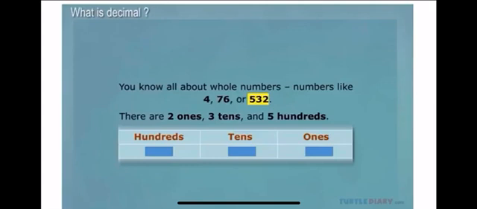In which place value does the digit 2 take? Ones, tens, or hundreds?